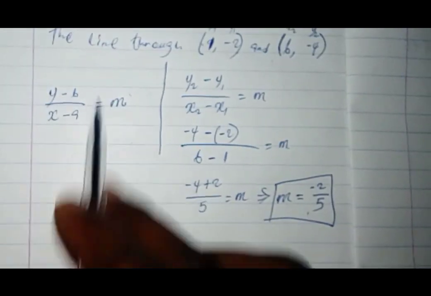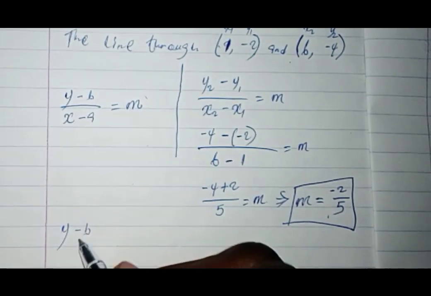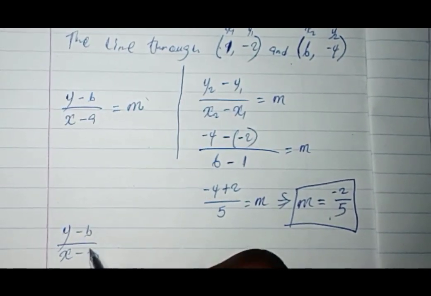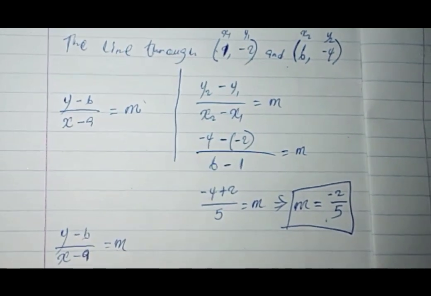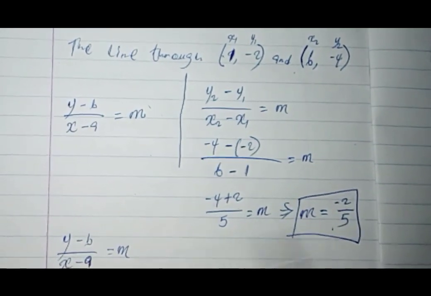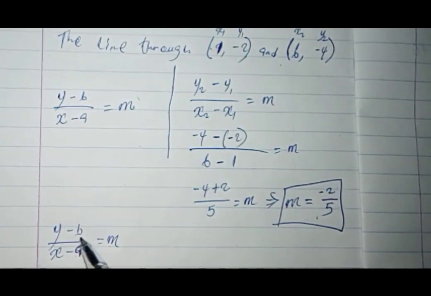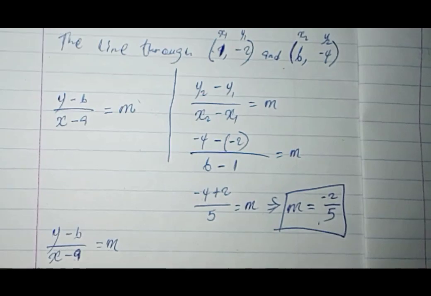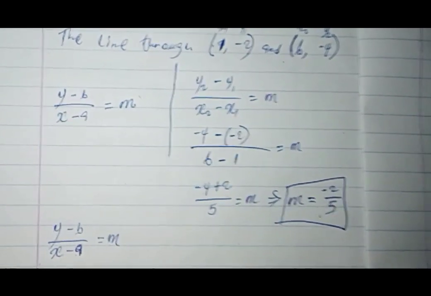So using that for this, we say y minus b over x minus a is equal to m. So now we already have our m and we put that here. Remember, a and b is a point on the line.